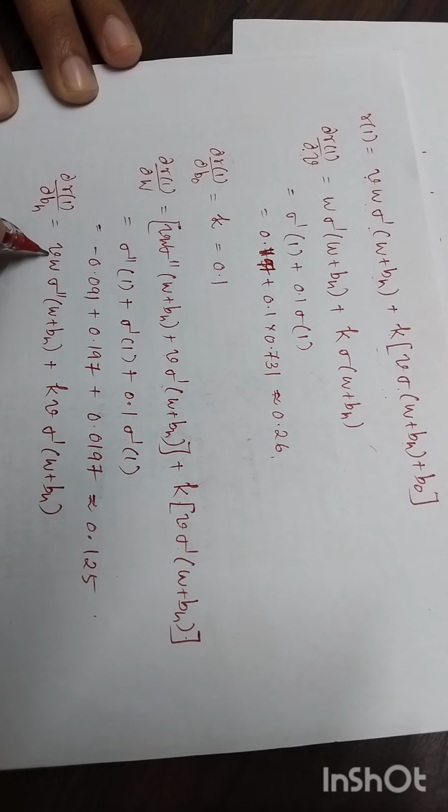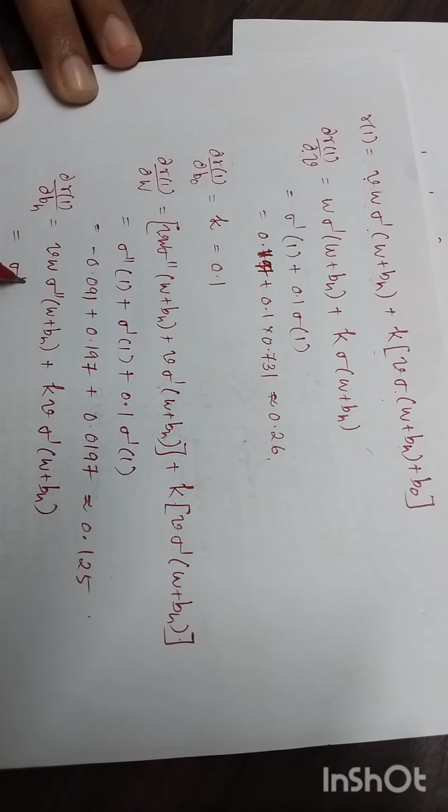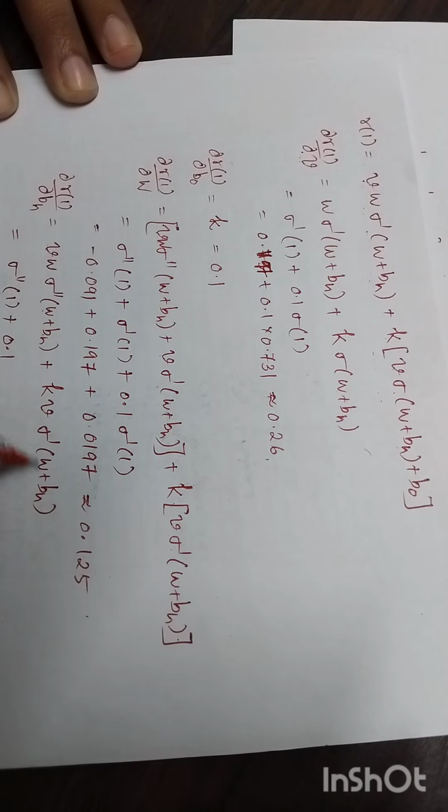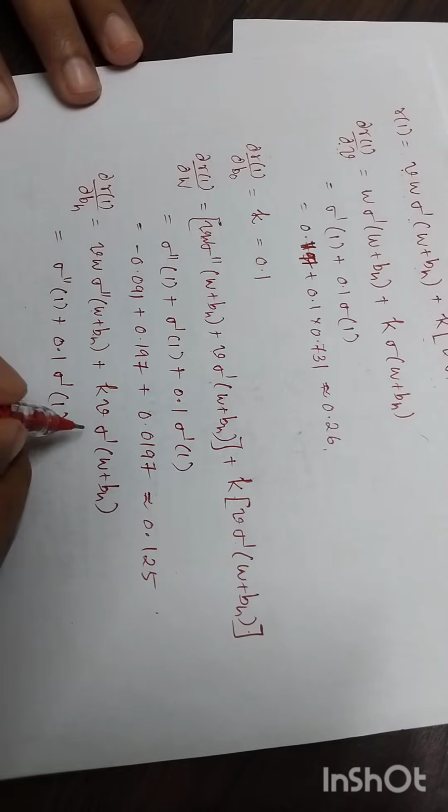Now substitute the values, V and W is 1, it would be sigma double dash of, W is 1, BH is 0, plus K is 0.1 into V is 1, sigma dash of, again it would be 1.